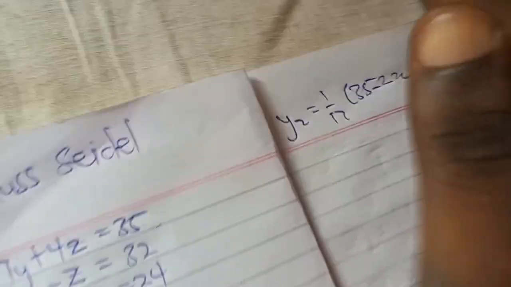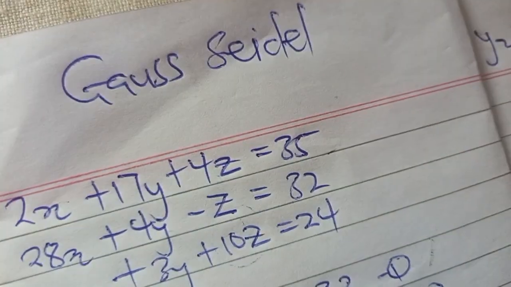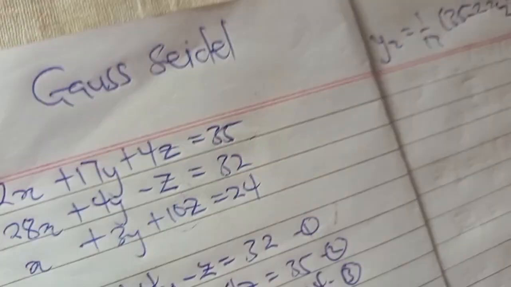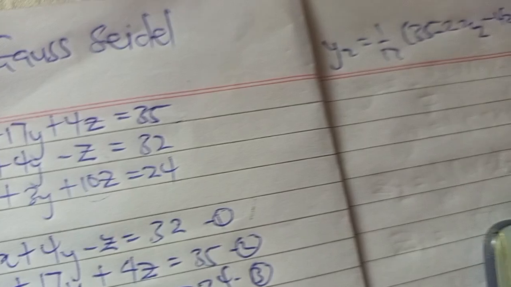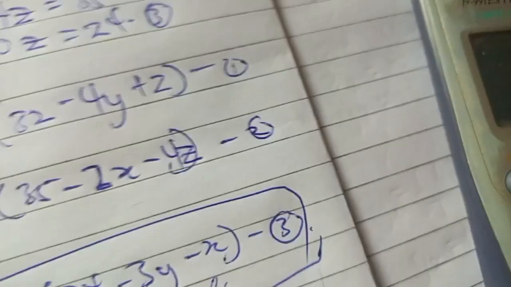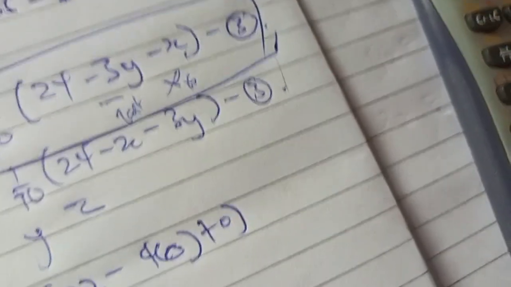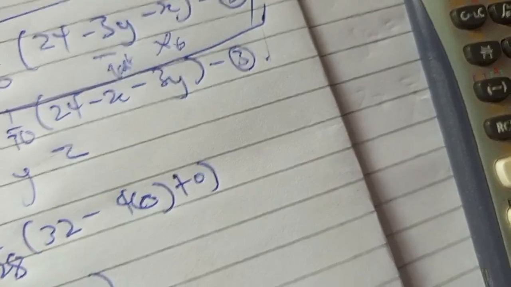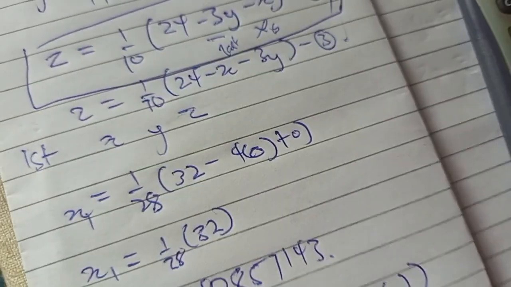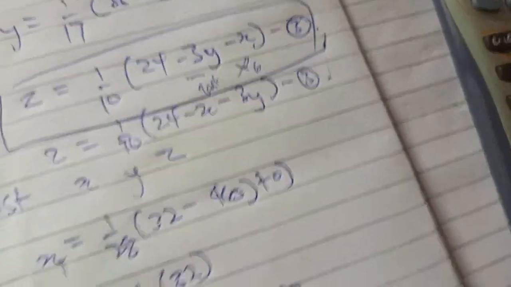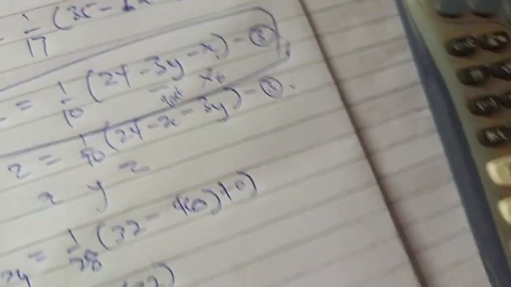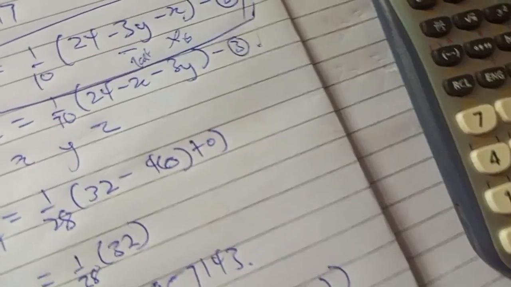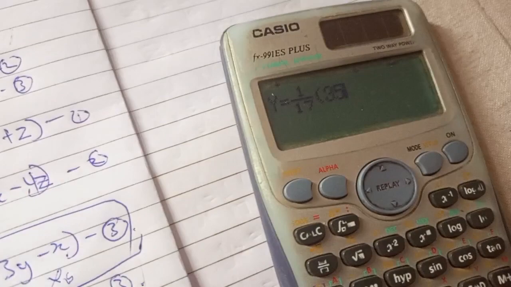So now I'm punching it on the calculator. After punching this on the calculator, make sure that the values the calculator is giving are the exact values that I'm looking for.